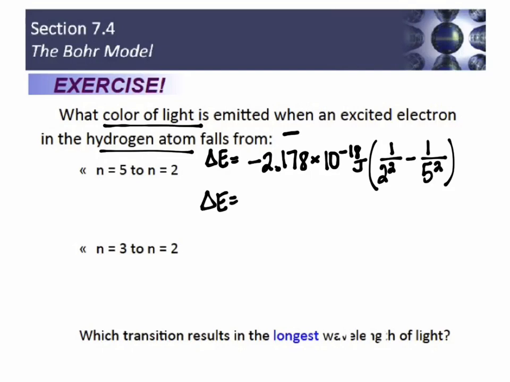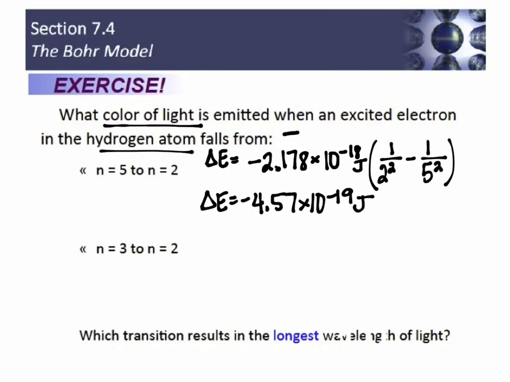Negative 4.57 times 10 to the negative 19 joules. But we didn't answer the question. The question wants to know what color of light. So we need to take our joules and figure out what the wavelength is.